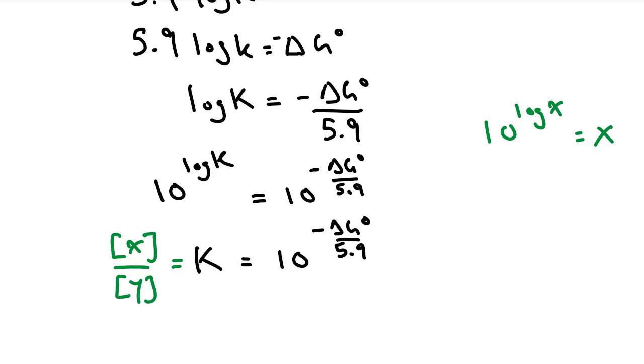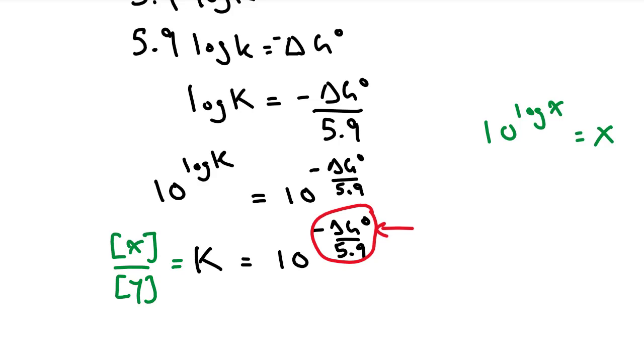Now, if my delta G standard is a negative number, then this thing right here would be a positive number, and then my K will be bigger than 1, because 10 to the power of anything that's positive will be bigger than 1. But if my delta G standard is a positive number, this thing that we have circled in red will be a negative number, and then we'll have a number less than 1.